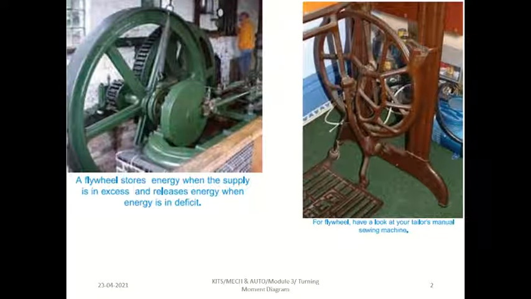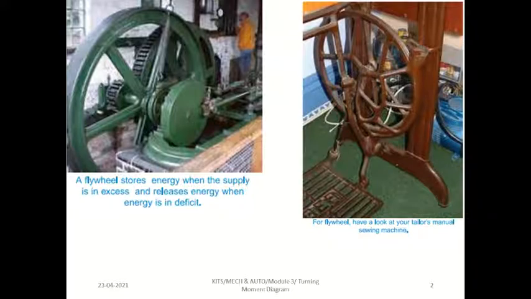Even in your houses, you might have seen this tubing machine. Even in the tubing machine, when we pedal it, the energy is stored in the flywheel and it will be used later.